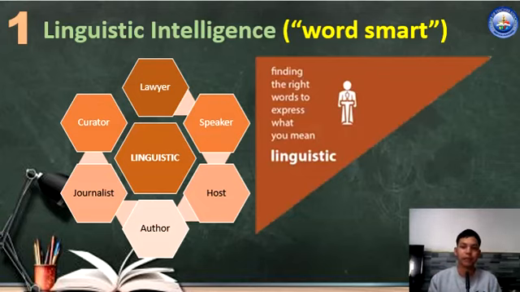They have the ability to learn languages and the capacity to use language to accomplish certain goals. People with linguistic intelligence, such as William Shakespeare and Oprah Winfrey, have the ability to analyze information and create products involving oral and written language, such as speeches, books, and memos.